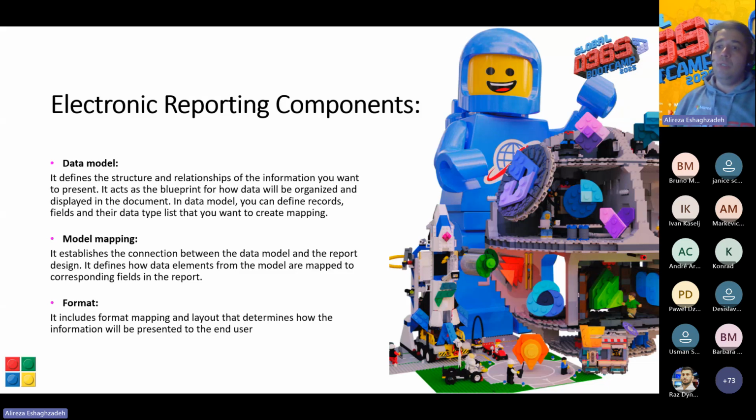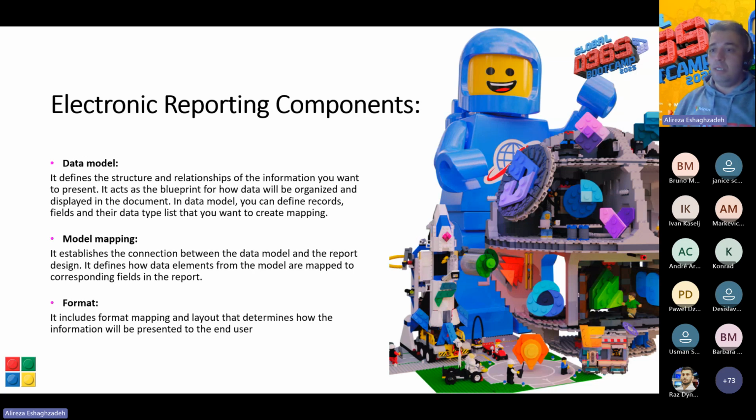And then you create a model mapping, where you can establish the connection of the fields that you want to export or import to the data source that you have access to via electronic reporting. And then you define the formats. If it is an import file, you have the format, which can be in Excel, CSV, JSON, text file, and also XML.